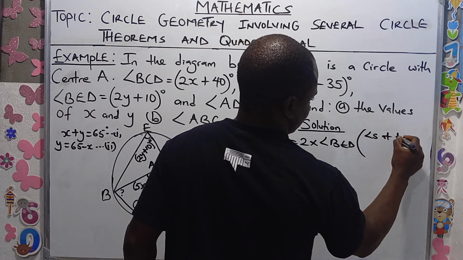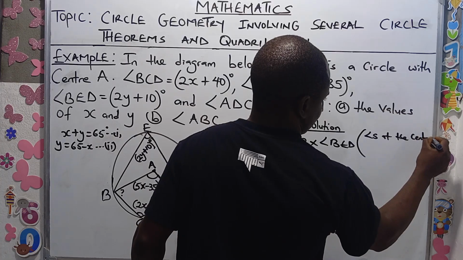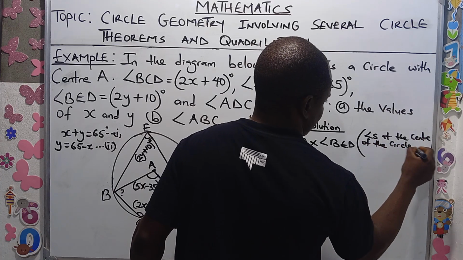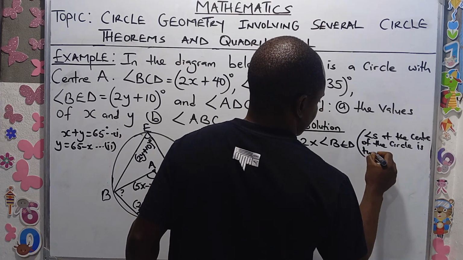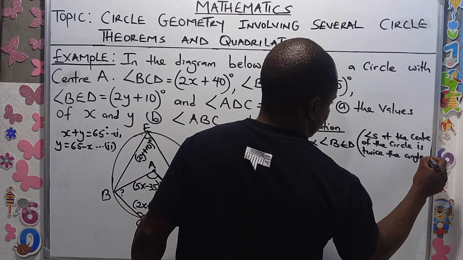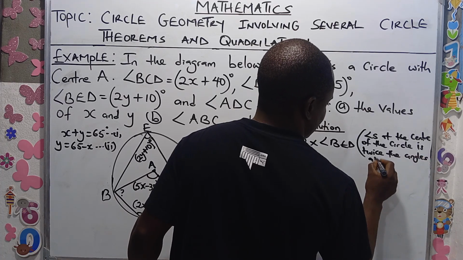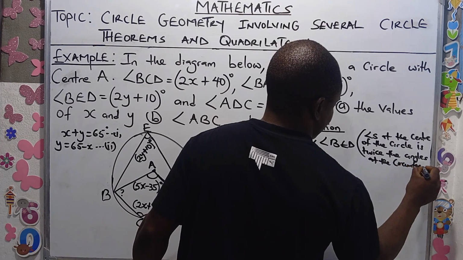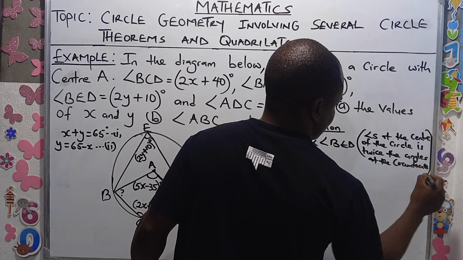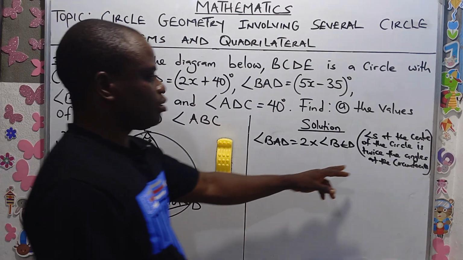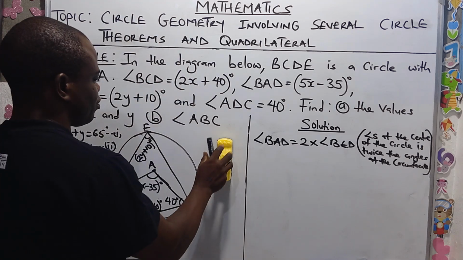The angle at the center of the circle is twice the angle at the circumference.